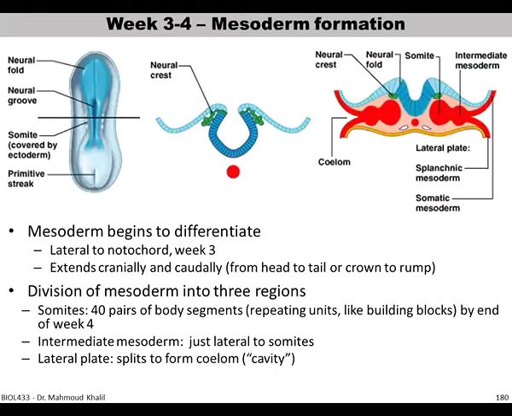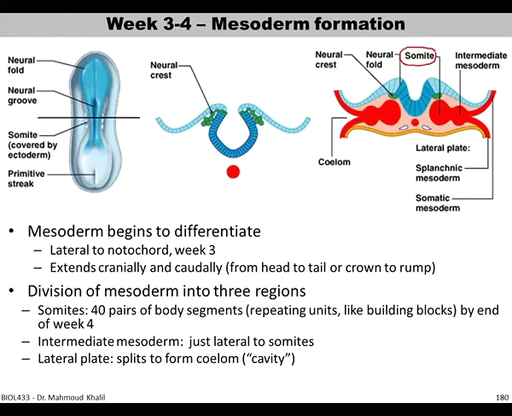If we look again at the mesodermal formation by weeks 3 and 4, you'll find that the mesoderm begins to differentiate lateral to the notochord at week 3. They extend cranially and caudally, from head to tail or crown to rump. The mesoderm is divided into 3 major parts, same as what happens in avian and amphibian development.